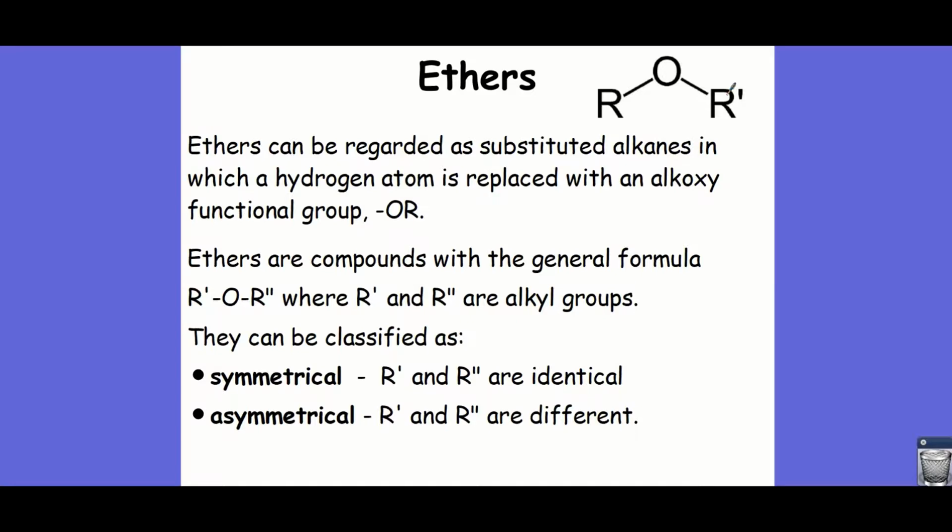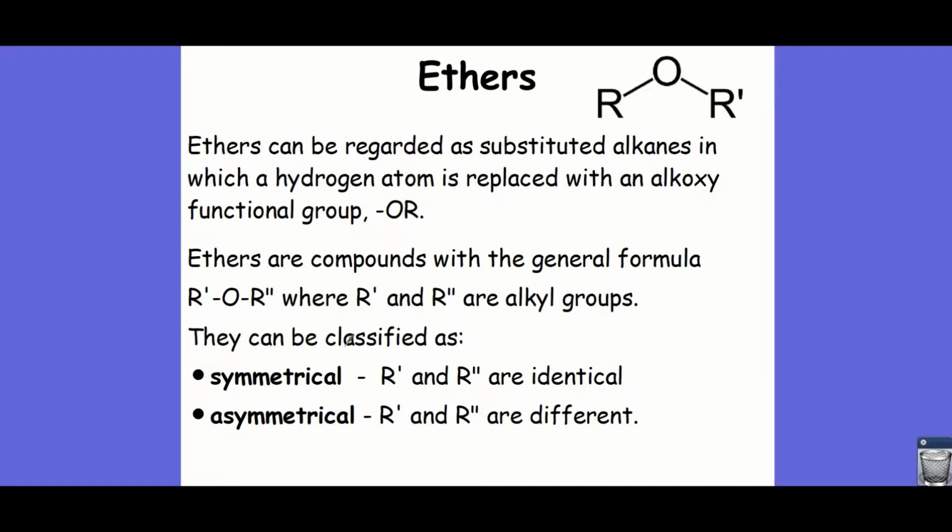And the type of ether that it is determined by, first of all, what the alkane is, and secondly, what alcohol you use to prepare the alkoxide, which we've looked at before.